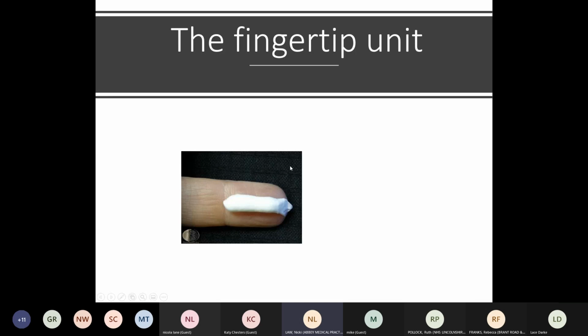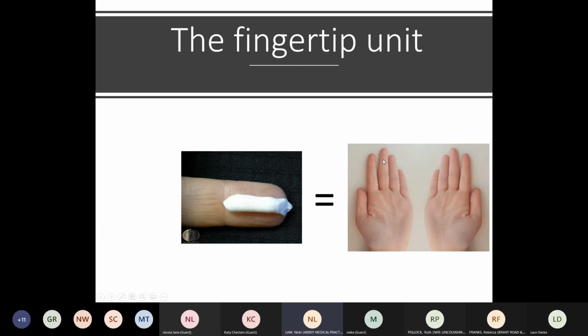Have you heard of the fingertip units? Okay, some people have. So what the fingertip unit is, if you get your tube of steroid cream and you squeeze it along the fingertip, like in that picture, that amount of steroid cream will cover 2 hands worth of skin. So if you picture putting your hand on the area that you're treating, that will give you an idea of how many of these you need.